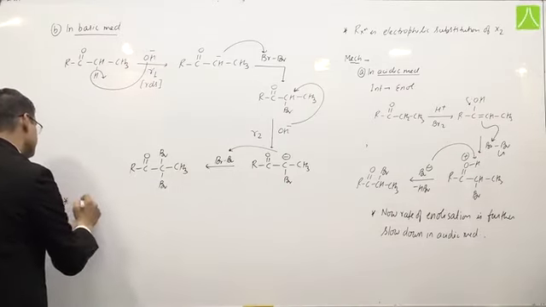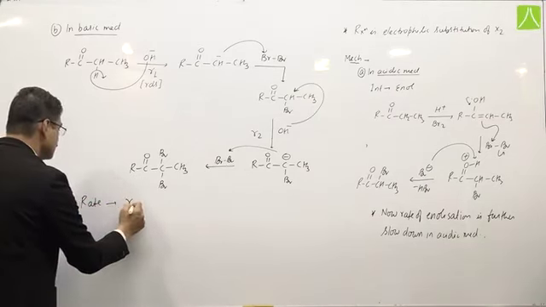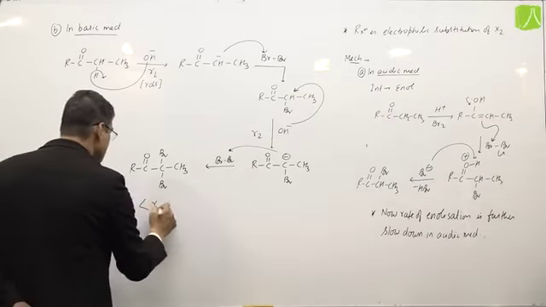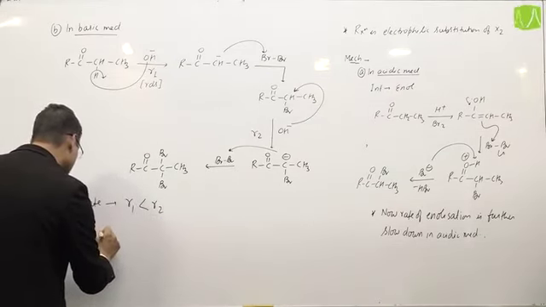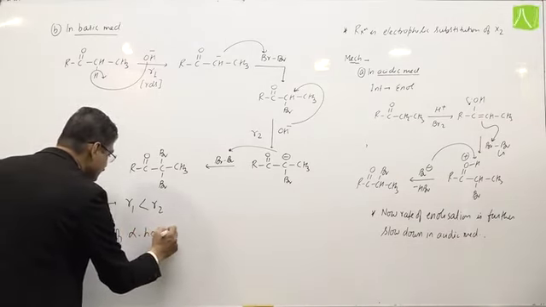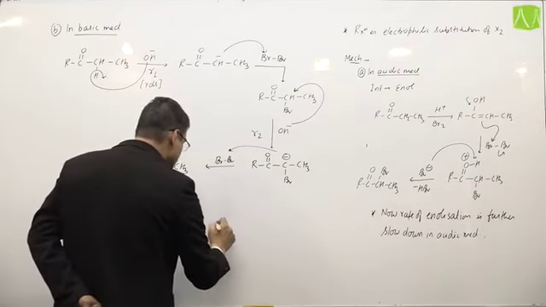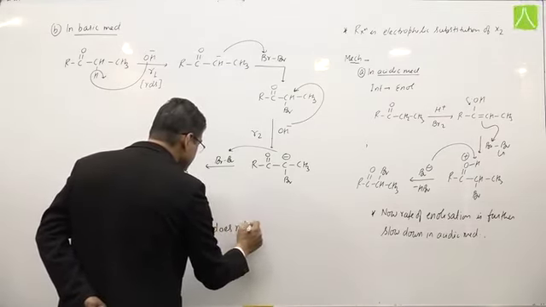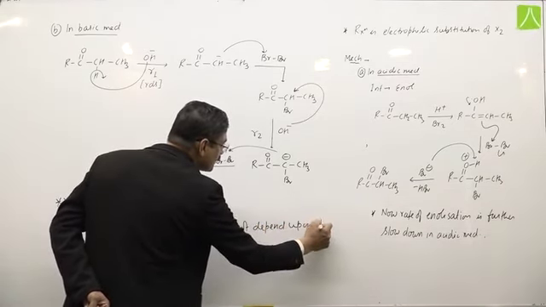Important point: R1 is slower than R2. Second important point, the rate of alpha halogenation does not depend upon the type of halogen.